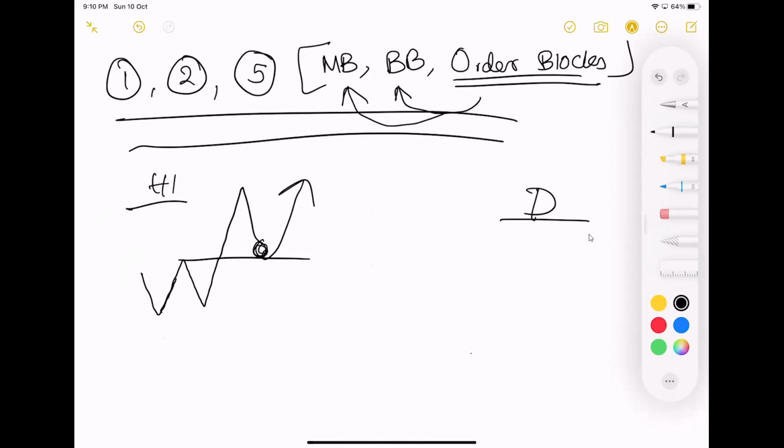So we have a low, a higher low, and then another higher low, followed by a low, high, and a higher high, right?